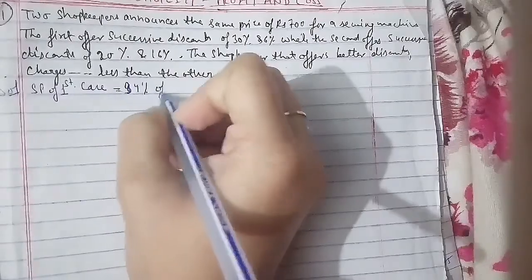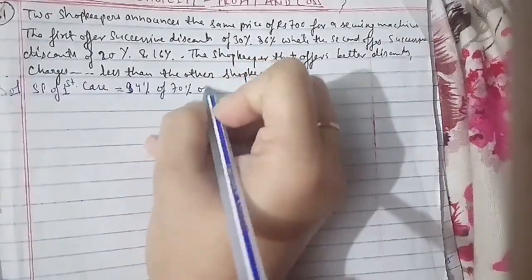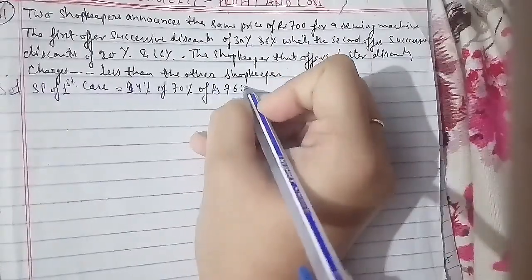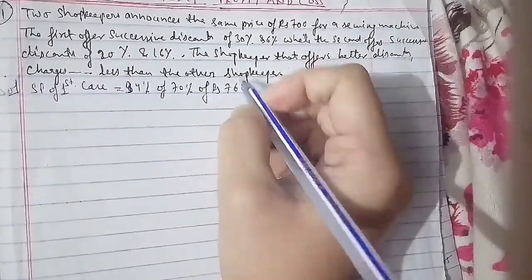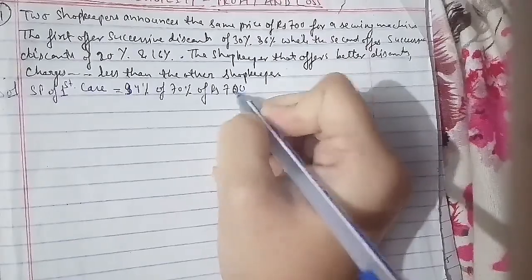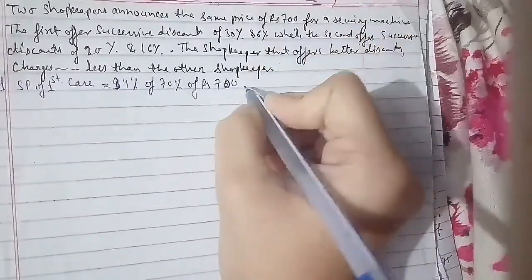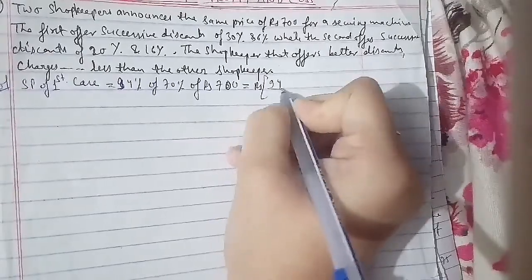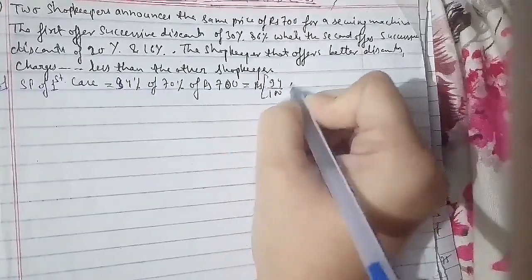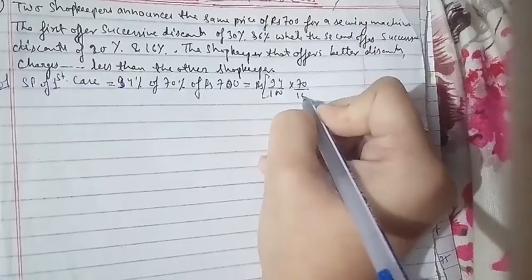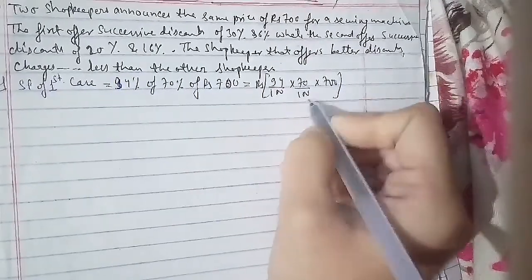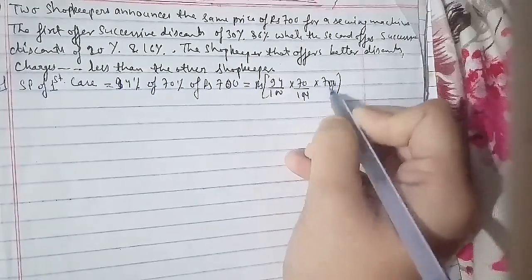So for the same it will be 94 upon 100 into 70 upon 100 into 700. These two zeros are cancelled by these two zeros, and this one zero is cancelled by this one. Further, what we get is rupees 460.60 here.